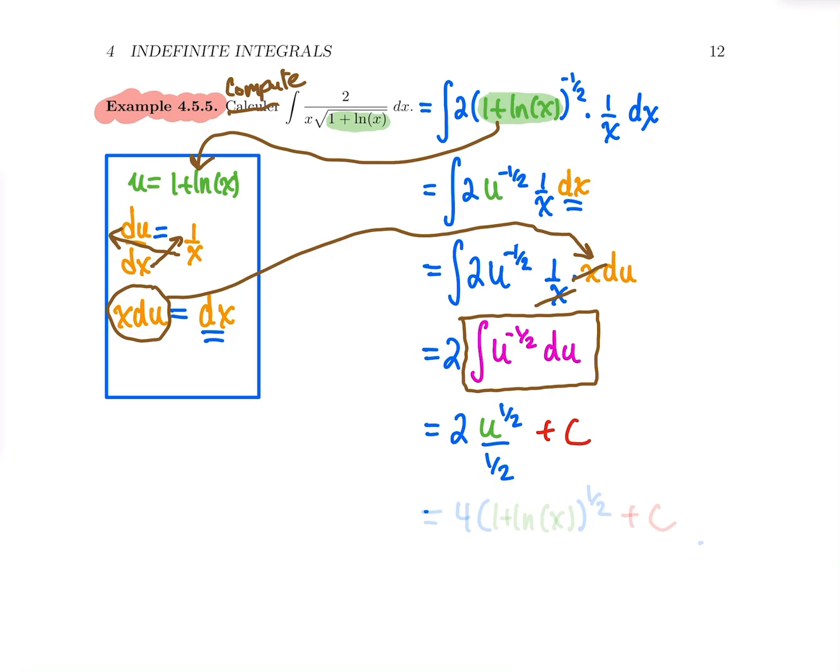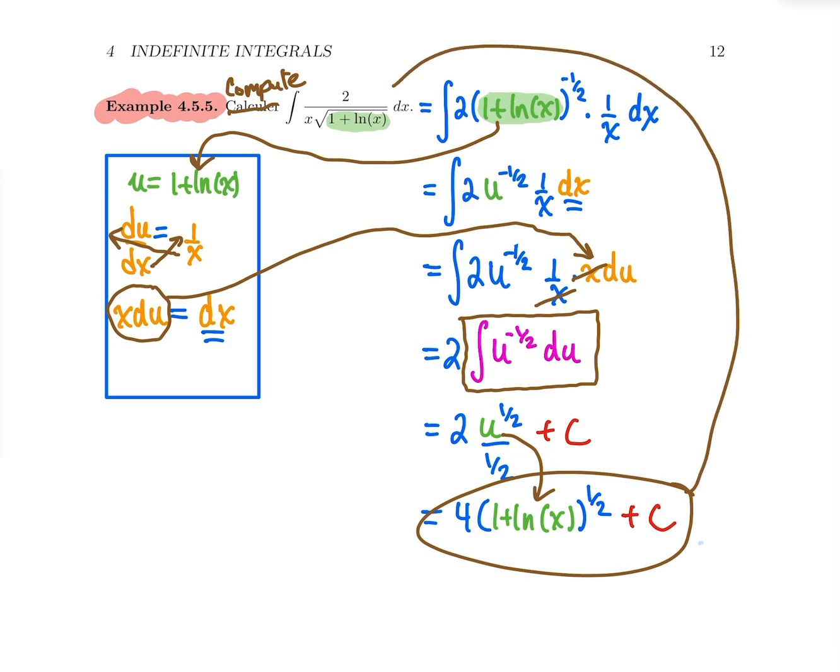So you get 4 times u to the power 1/2, but where u is replaced by its original formula, 1 plus ln of x to the power 1/2, or the square root of, plus c. And as an exercise, I strongly suggest that you verify that the derivative of this answer will give you back the formula inside your integral.